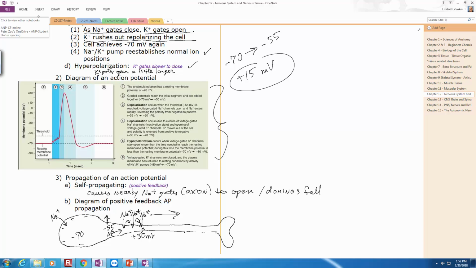So there's nothing you could do to cause it to happen more during that time period. It's an all or nothing. You could zap it 10 more times during this period. You already have an action potential. Nothing else is going to change that. So you are in this range right here. That would be your absolute refractory period. It doesn't matter how many times you zap something there, it's not going to change what's already happened.